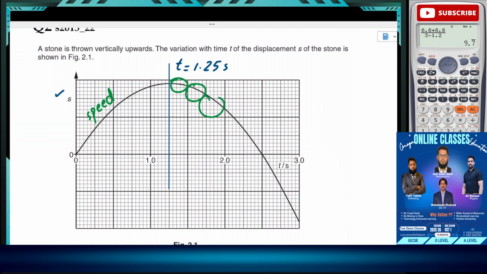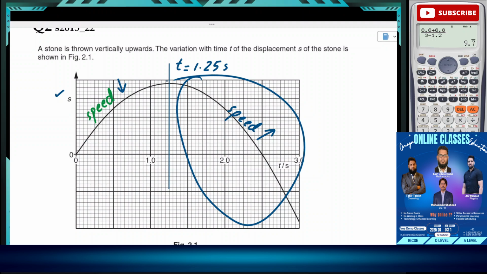You write the same in description, from 0 all the way to 1.25 seconds the speed decreases. Afterwards the gradient keeps increasing. So what do you say? After 1.25 seconds all the way to 3.0 seconds, the speed increases because the gradient increases. Although the direction of the gradient now changes, you don't say speed would now be negative, because speed is always positive.